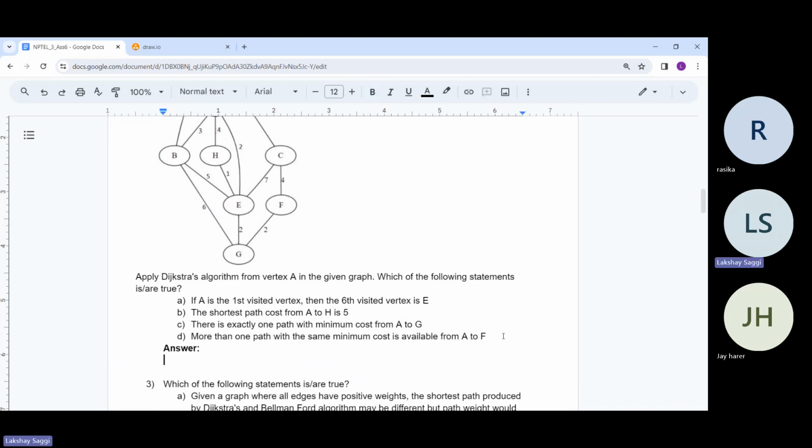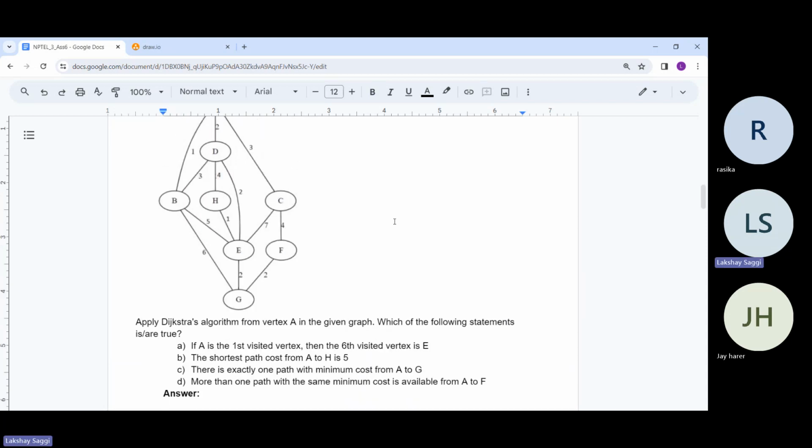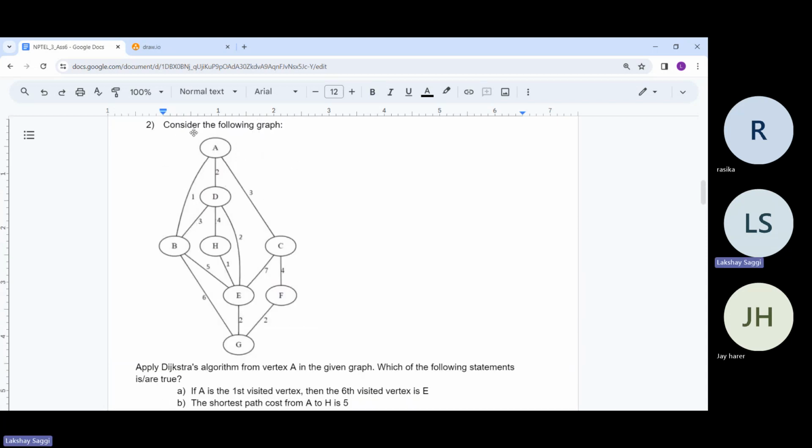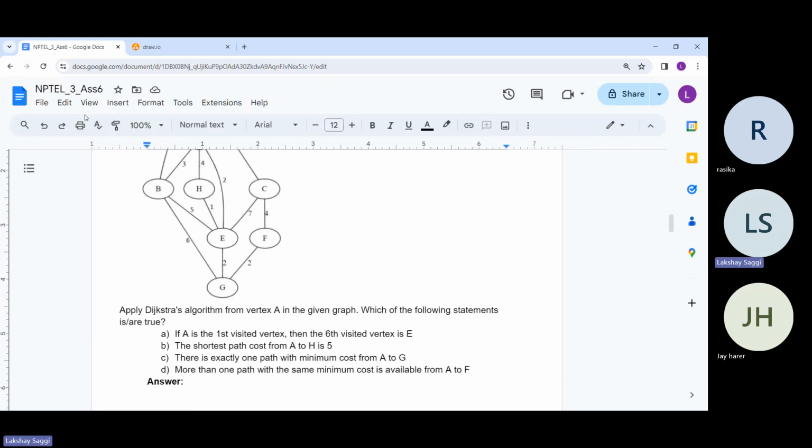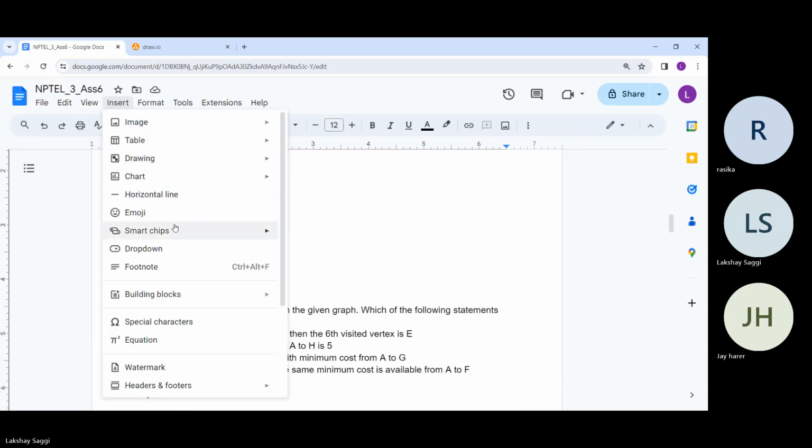So I hope everyone understands how to run Dijkstra's algorithm. In Dijkstra's algorithm we first maintain a distance array from the source to all the vertices, right? So maybe I should insert a table here, guys.